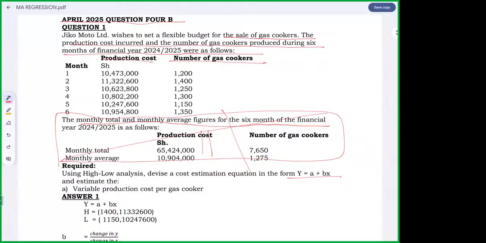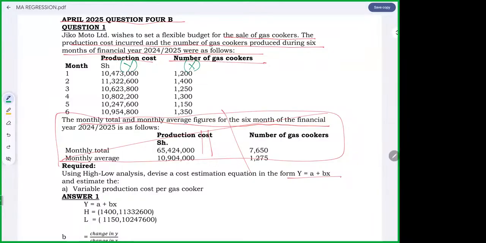For sure, the production cost will depend on the number of gas cookers, because if we produce lots of gas cookers, our production cost will be very high. So the production cost goes to Y, and the number of gas cookers goes to X.